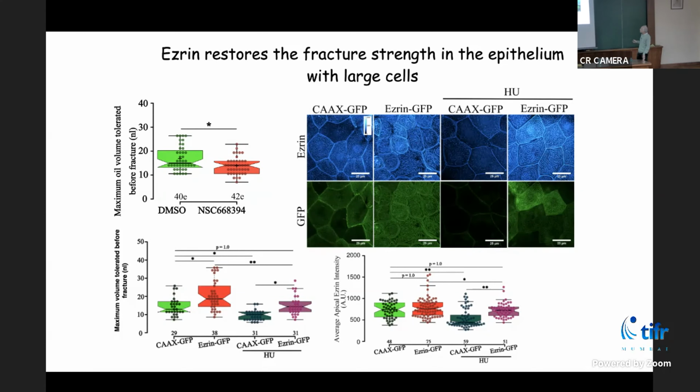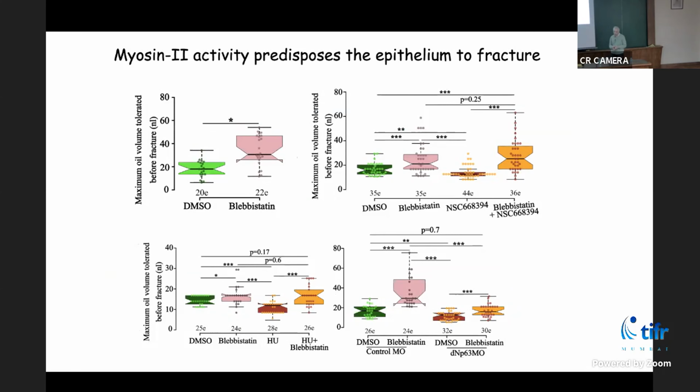And if you now do the fracture analysis on these animals, which is done here, you see that the fracture strength is much better as compared to the control animals. What it tells you is that this protein indeed, rather its levels, are not just correlated, but are causal to this phenotype.